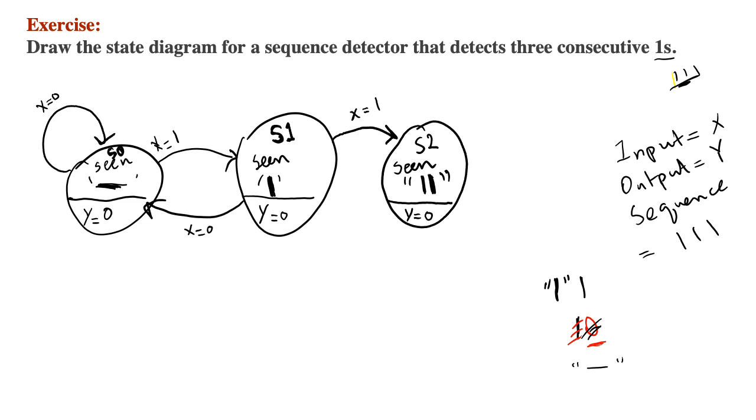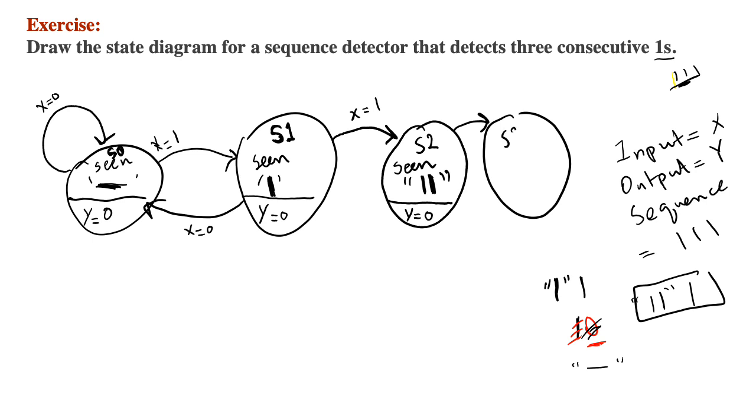So this is the case if I receive a 1 at the input. If I am in state 2, where I have 1 1 so far, and I receive a 1 at the input, I will have my entire sequence. So I'm going to move on to a new state, and I will name it state 3, and inside I will say seen 1 1 1, and 1 1 1 is actually the sequence that I'm looking for, right?